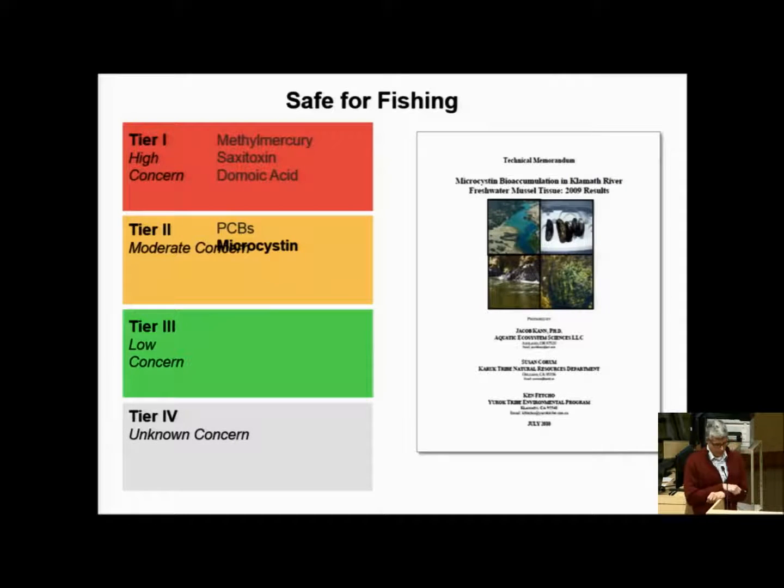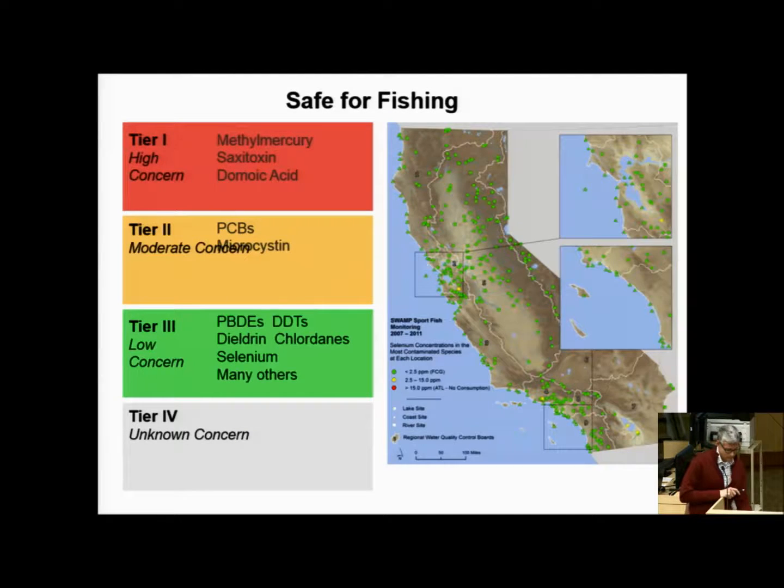Microcystin is another algal toxin that in the Klamath Basin is a concern accumulating in freshwater mussels. So putting this in the moderate concern category. And then on the good news side, we have measured a lot of things, both in SWAMP and in other programs, that fall below thresholds of concern.